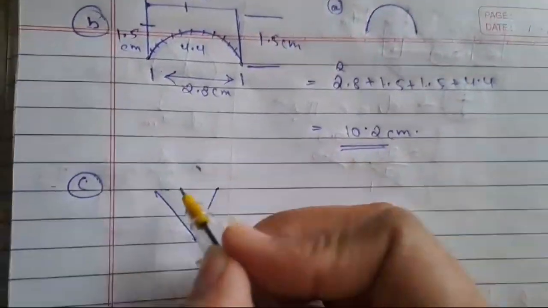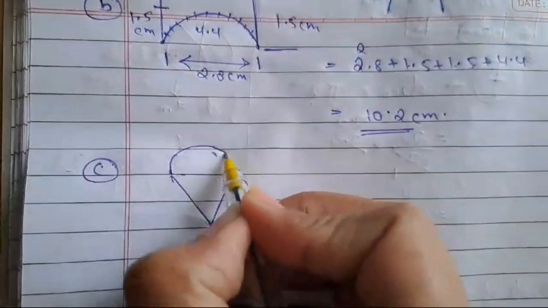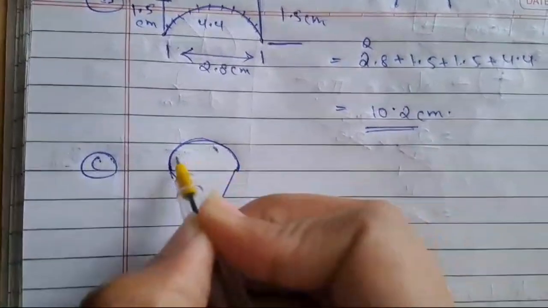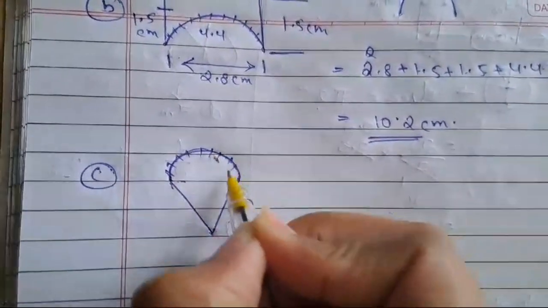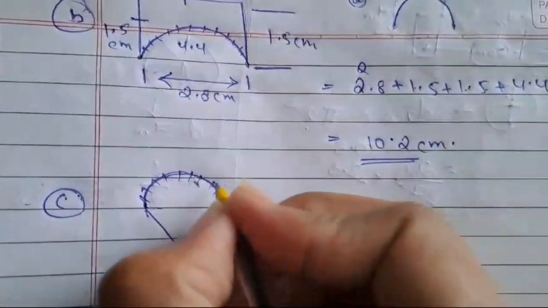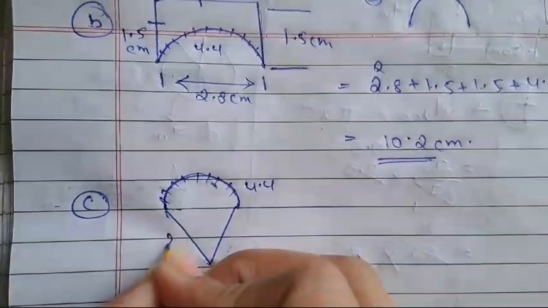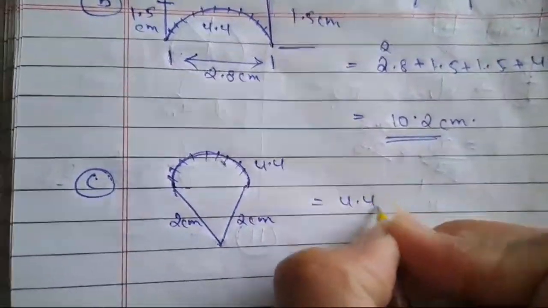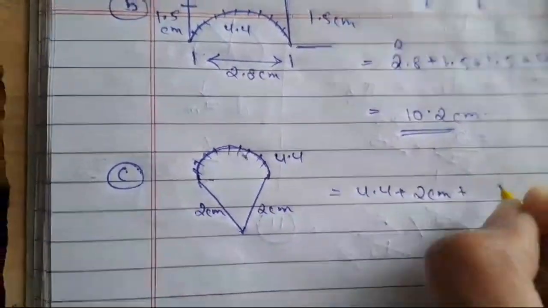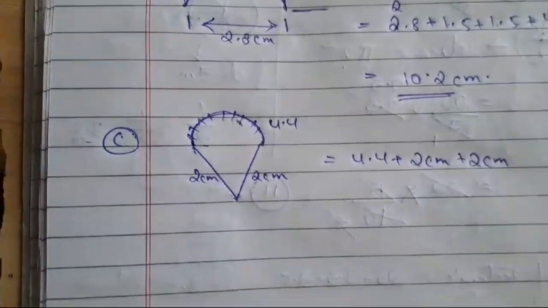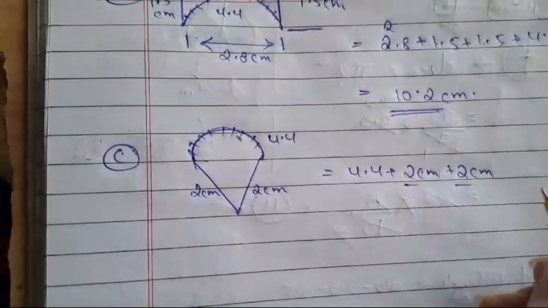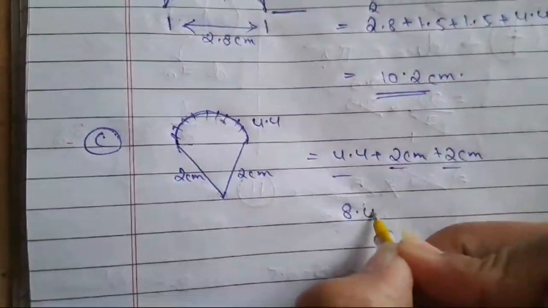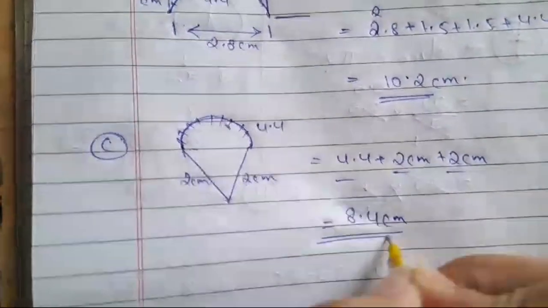Now looking at this shape, it is a cone shape at the bottom and then you have a semicircle at the top. You know the circumference of the semicircle is 4.4 and this is given to me as 2 centimeters and 2 centimeters. So it becomes 4.4 plus 2 centimeters plus 2 centimeters, that is equal to 2 2s, 4, 4 4s, 8.4 centimeters will be the sum for this.